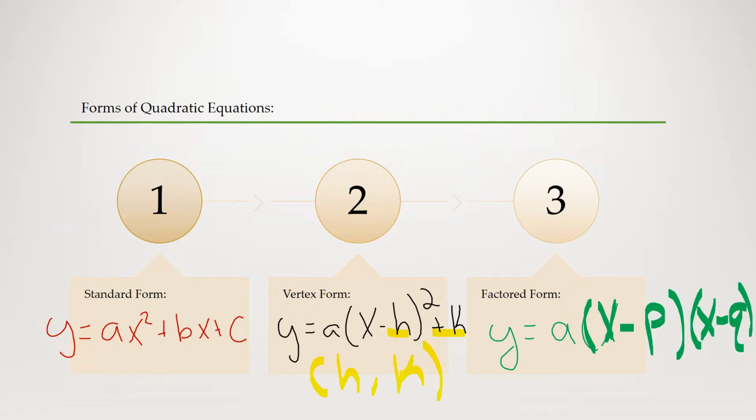This form is very useful if you're looking at a graph and all you can see are its x-intercepts, because p and q represent the roots, or the x-intercepts, of the function and the graph itself. Throughout, we're going to be learning how to convert between each form, and seeing the relationships between the different forms.